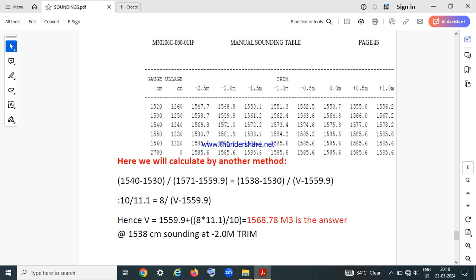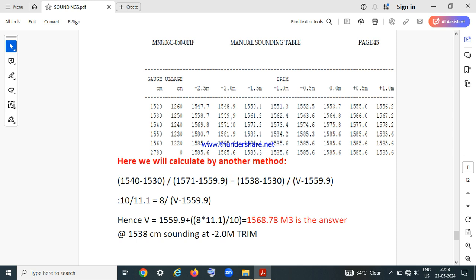Here the value we don't know, which one we want to calculate, so we will assume it v minus this lower value 1559.9. So this value divided by this value. Same thing.